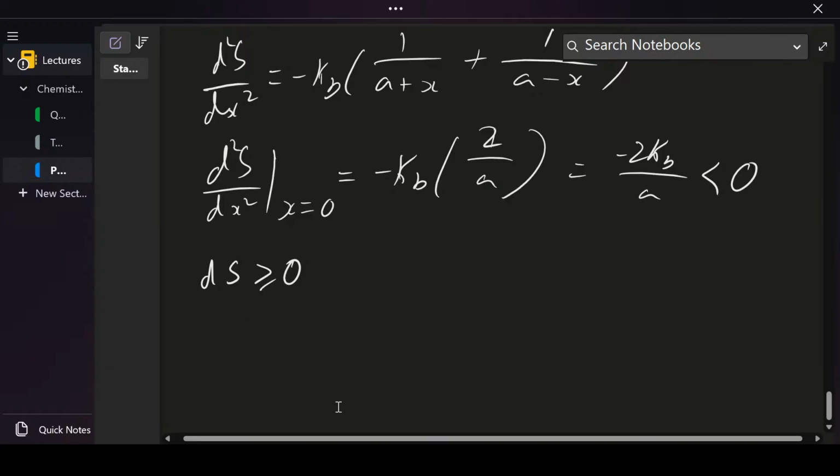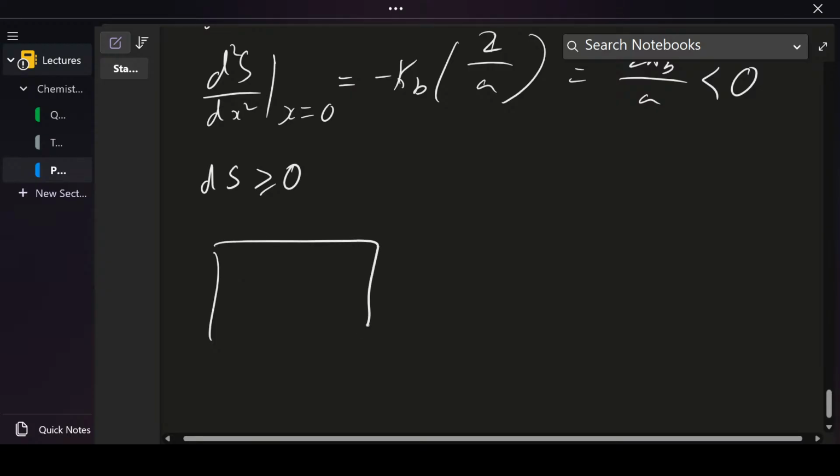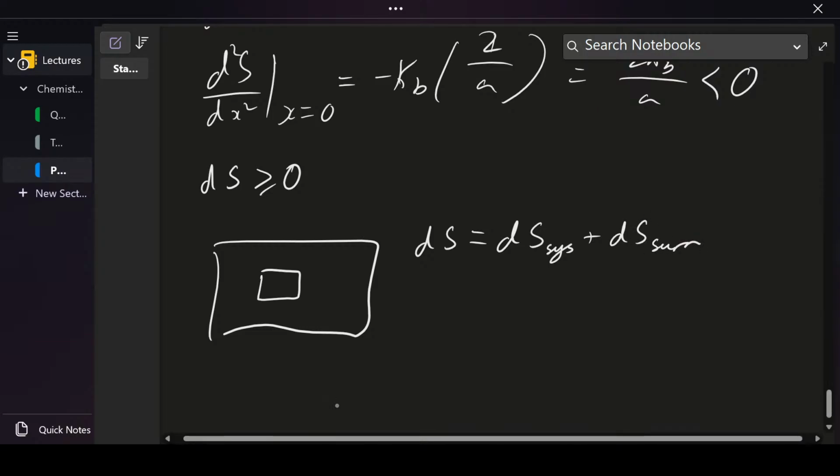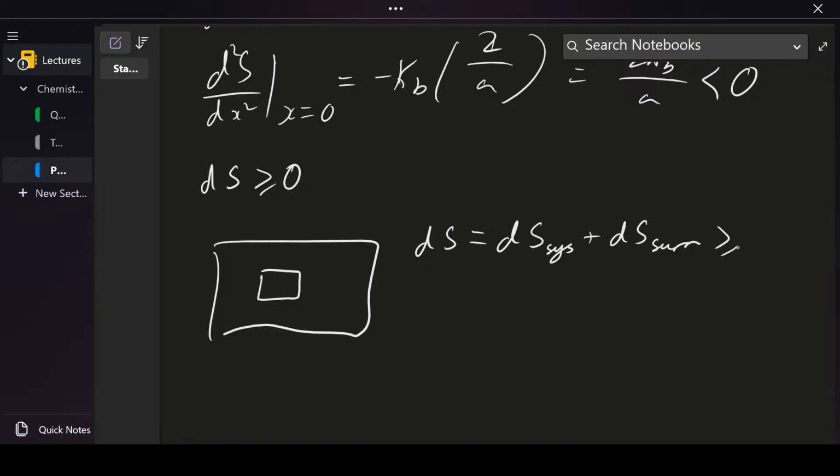And so entropy is an extensive quantity, and so again, if we have our sort of system and surrounding reservoir model, the total entropy change of my system is going to be equal to the entropy change of my smaller system plus the entropy change of my smaller surrounding. And this is also going to be greater than or equal to 0.